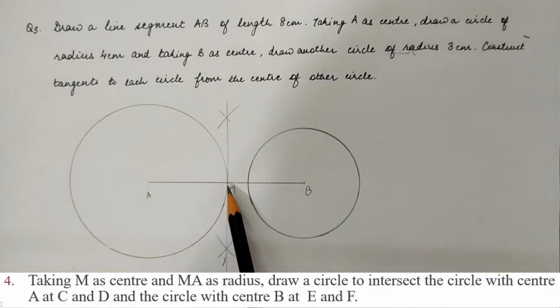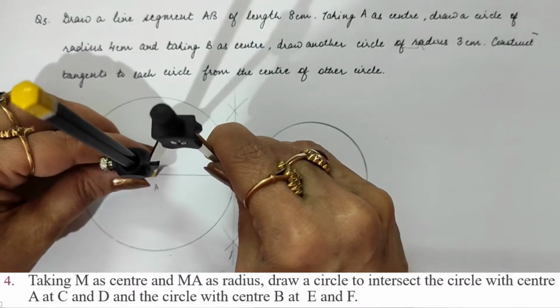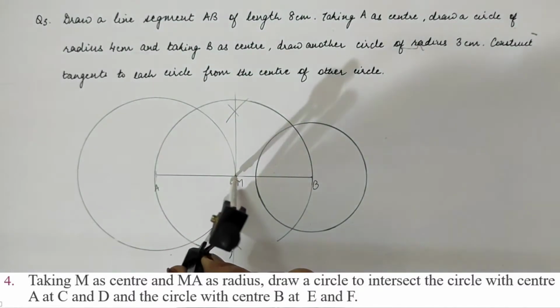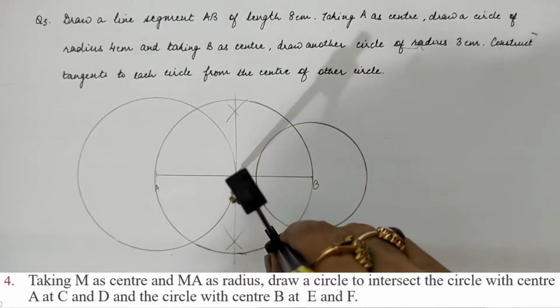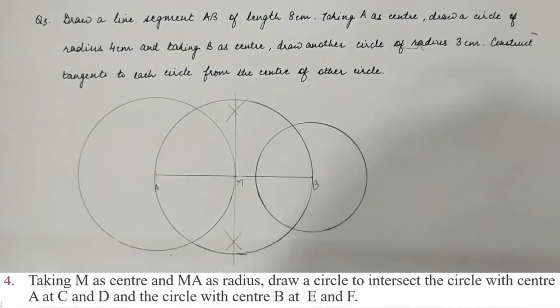So with M as center and MA or MB as radius, I'll construct a circle. And you can see it is touching points A and B, both of them.